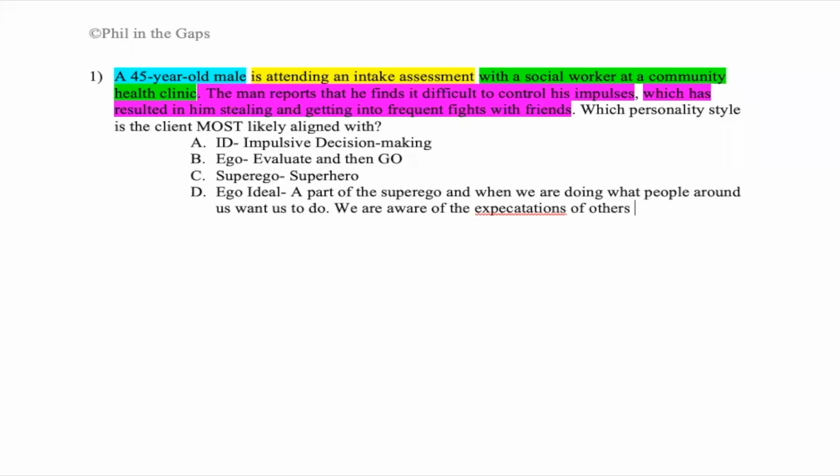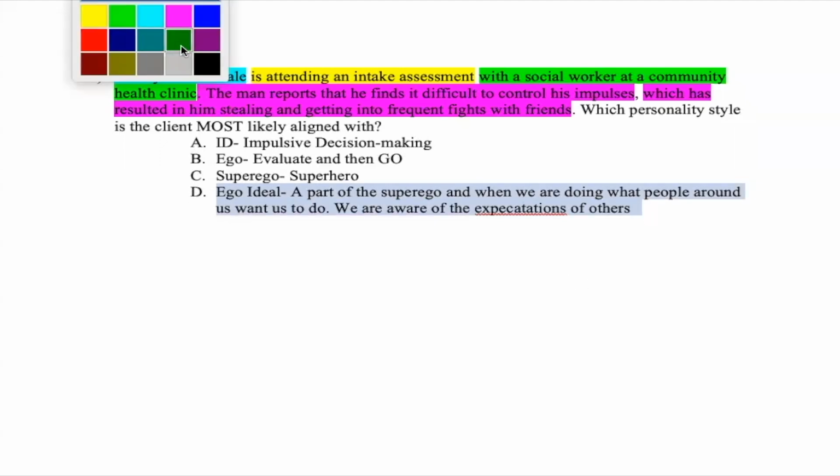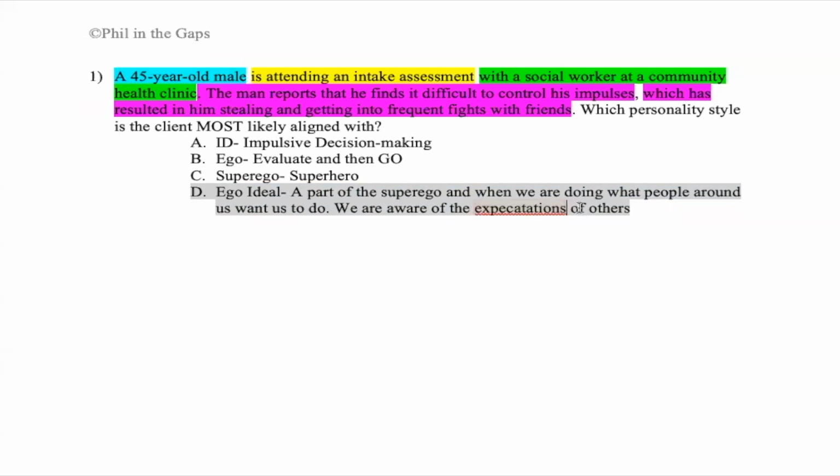So keep all that in mind as we go through each answer choice. Right off the bat, we're going to rule out D. Why? Because that's not based on any of the personality styles. It's just a component of one of the personality styles, which is the superego.